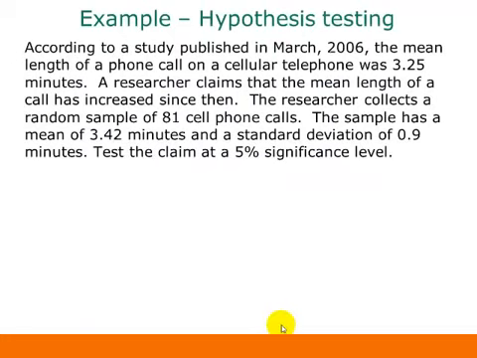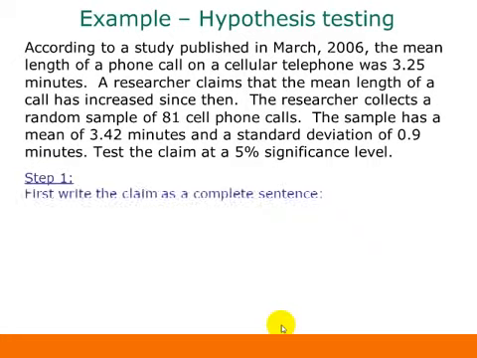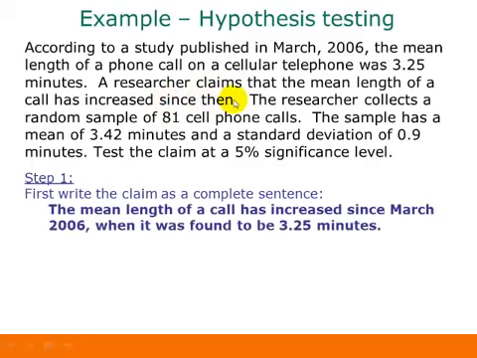So we're going to go through one example of hypothesis testing and go through all 5 steps. So the first step for this problem would be first to write the claim as a complete sentence. Here where it says a researcher claims that the mean length of a call has increased since then, we want to put all the details into our statement.